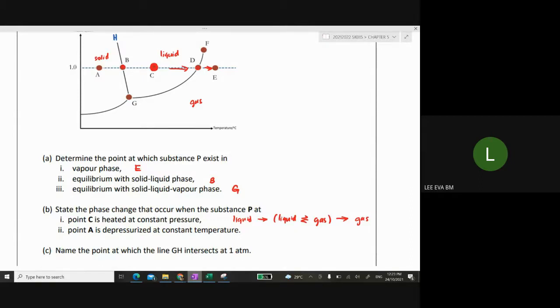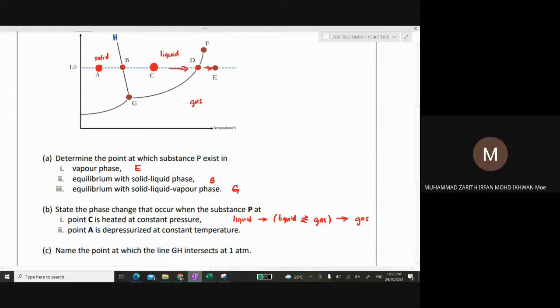So can I have Zarif Irfan? Ya, madam. Boleh bagi tahu madam kalau point A depressurized, that means we reduce the pressure at constant temperature. Point A kat mana? Point A kat sini. So what will be your phase changes?